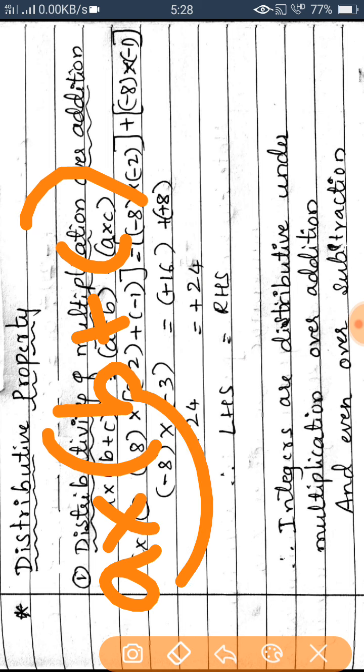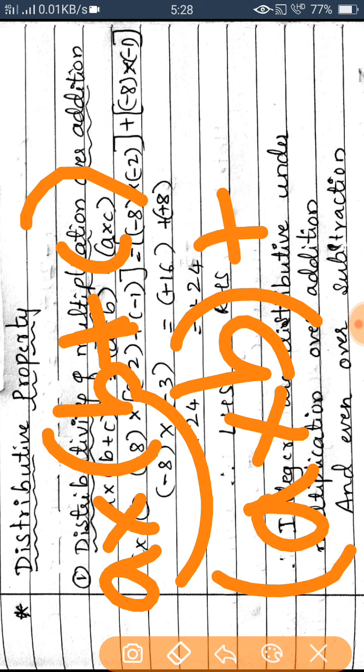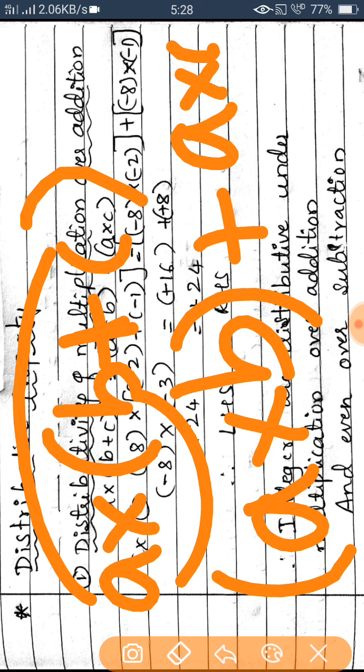First multiply A and B, whatever the addition between is there, it is applicable here. So put the bracket for this, then multiply A and C, because there is a multiplication sign here, that's why for both multiplication. So A we are distributing to B and C here. That's why it is called the distributive property.